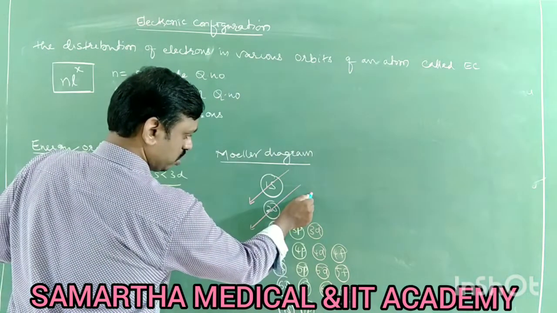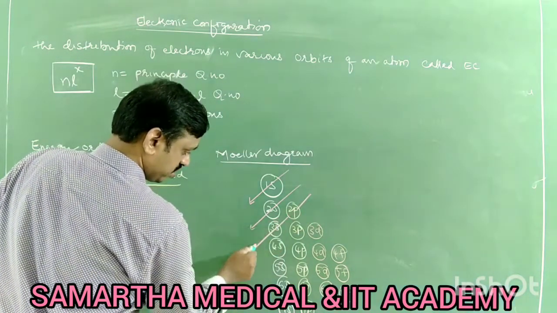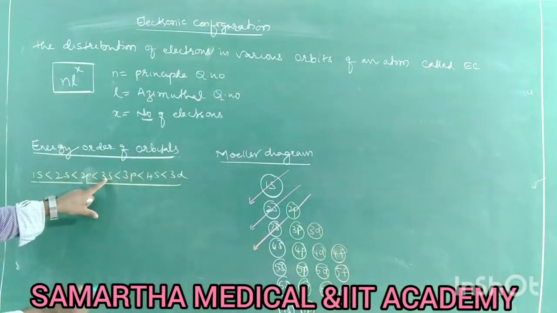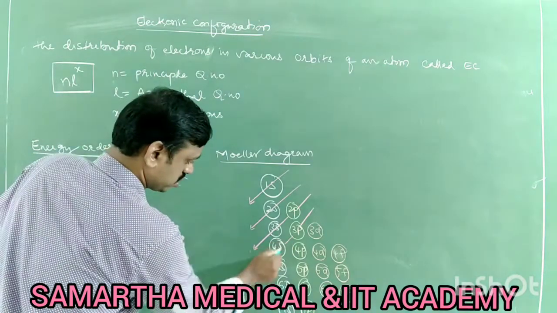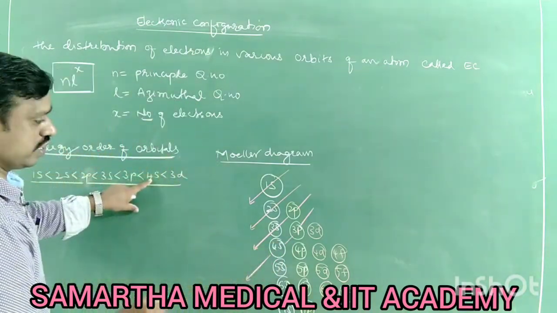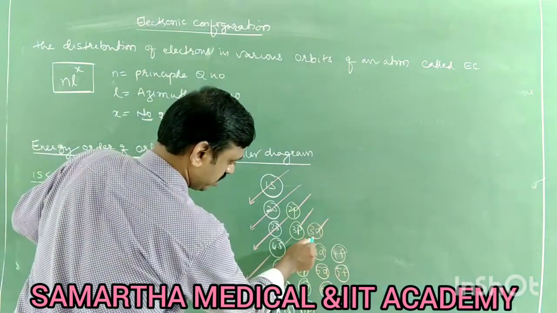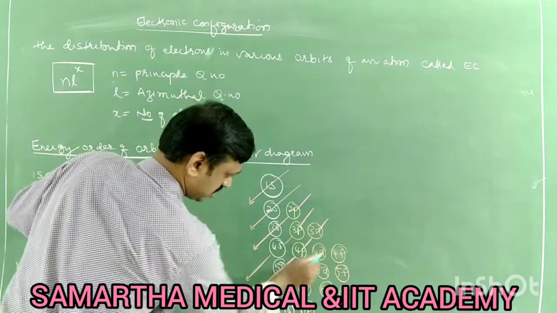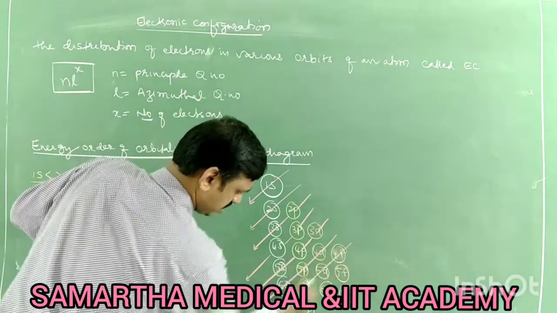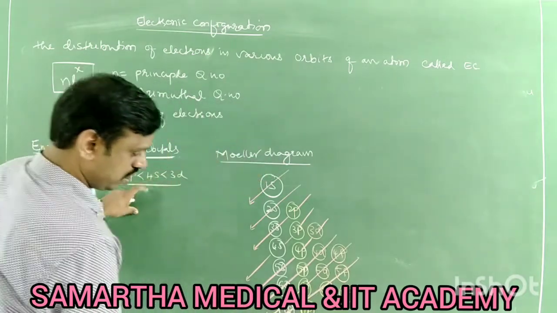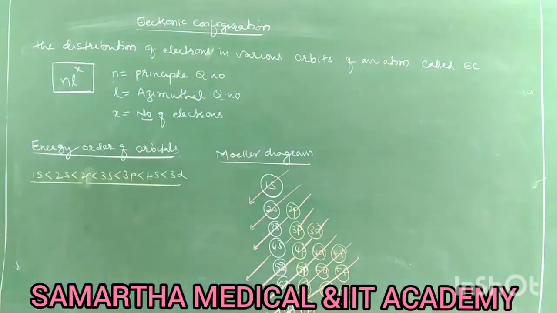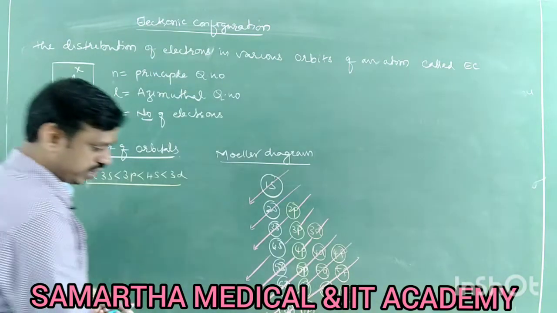Next is 2p, then 3s, then 3p, then 4s. Next 3d, 4p, 5s. Like that you can go on, seeing how electrons are entering the orbitals.